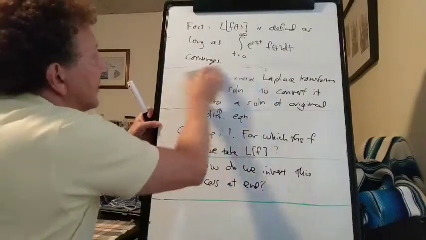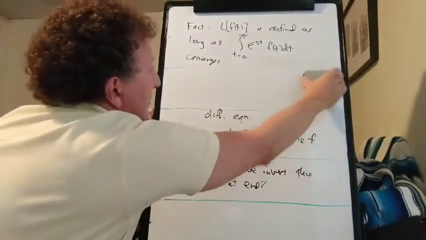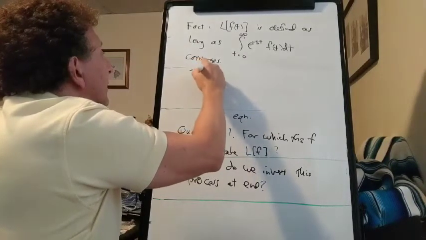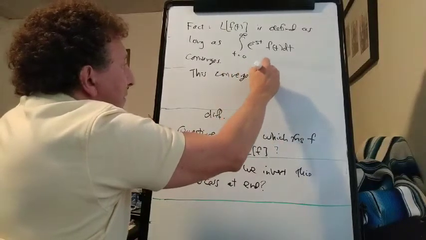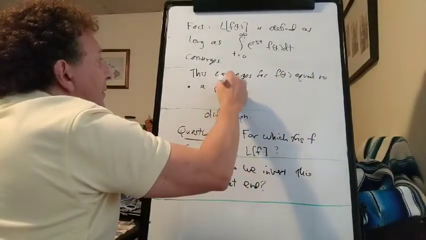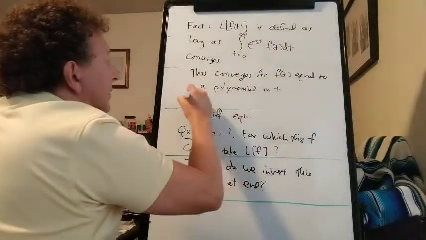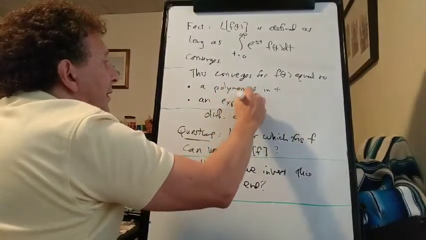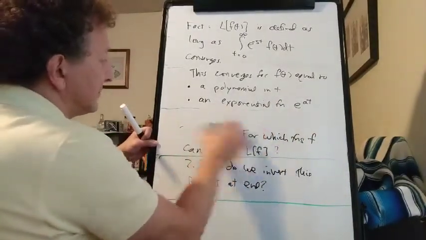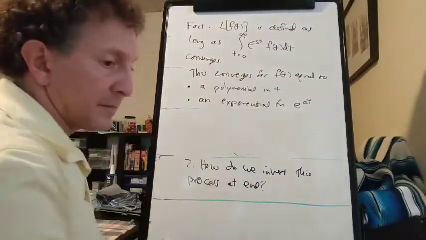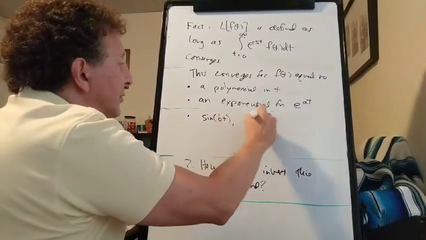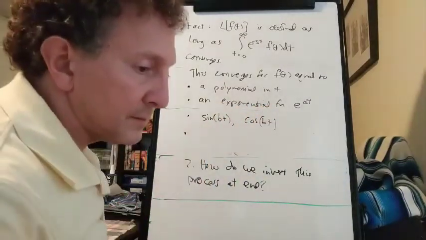So it turns out that this converges for f of t equal to a polynomial in t, an exponential function, so e to the at, something like that, sine of bt, cosine bt, and any sum of these.